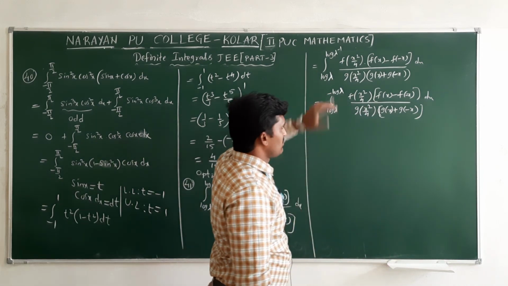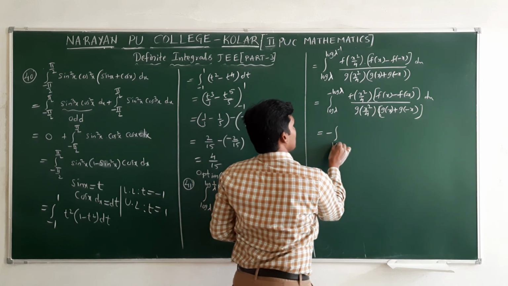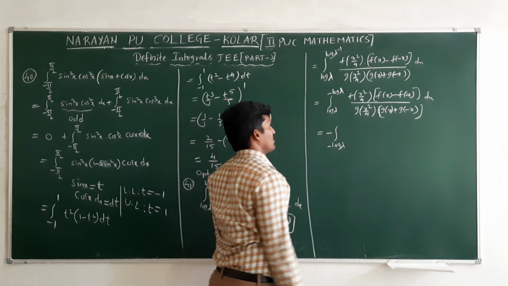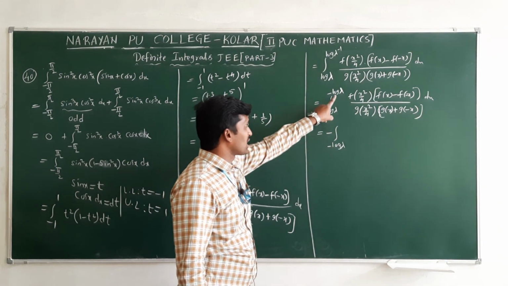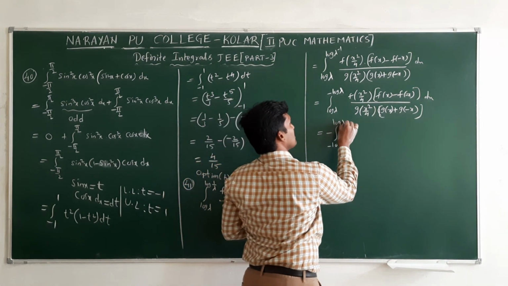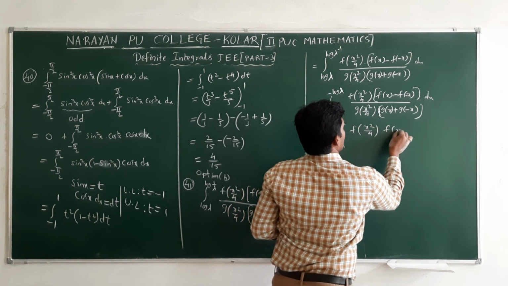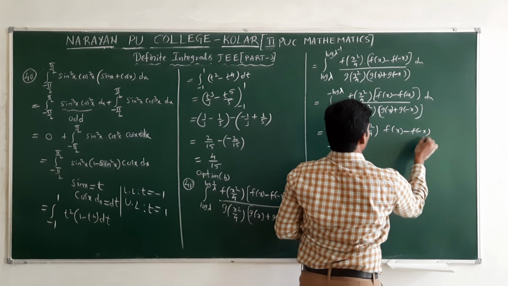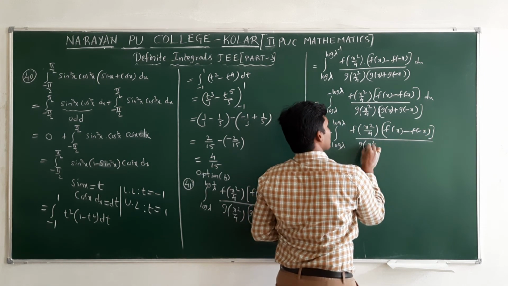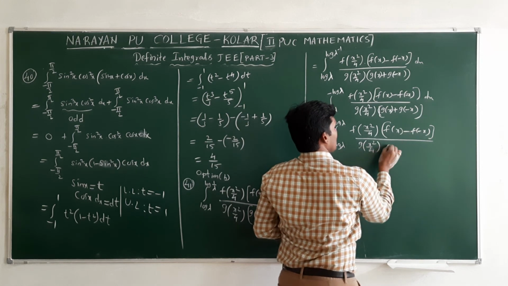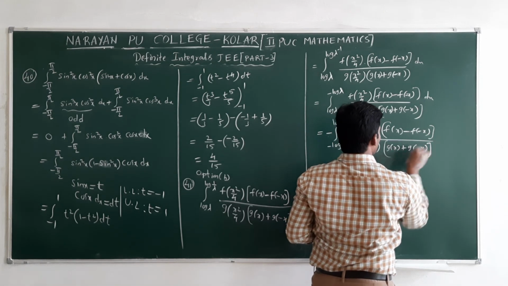Now if I interchange the limits, the sign changes. Now what will we get here? Minus integral from minus log lambda to log lambda of f of x square by 4 and f of x minus f of minus x, by g of x square by 4 into g of x plus g of minus x dx.